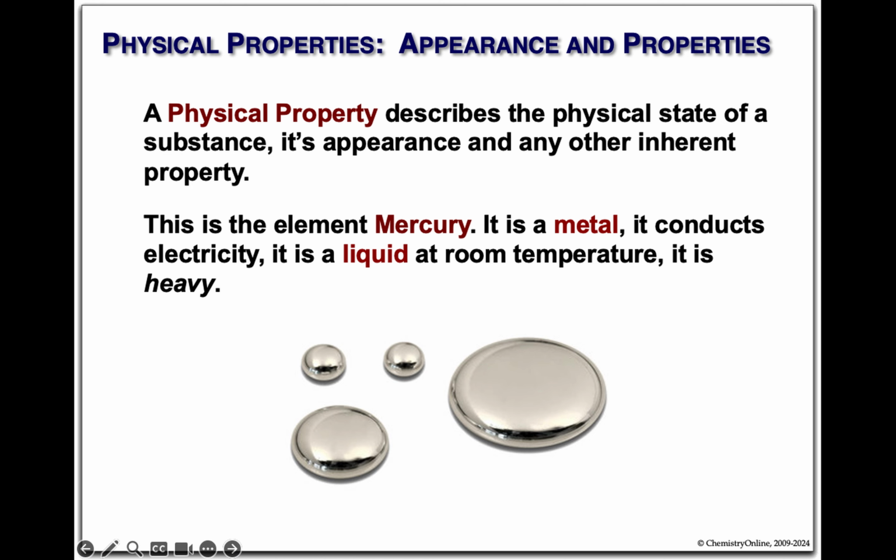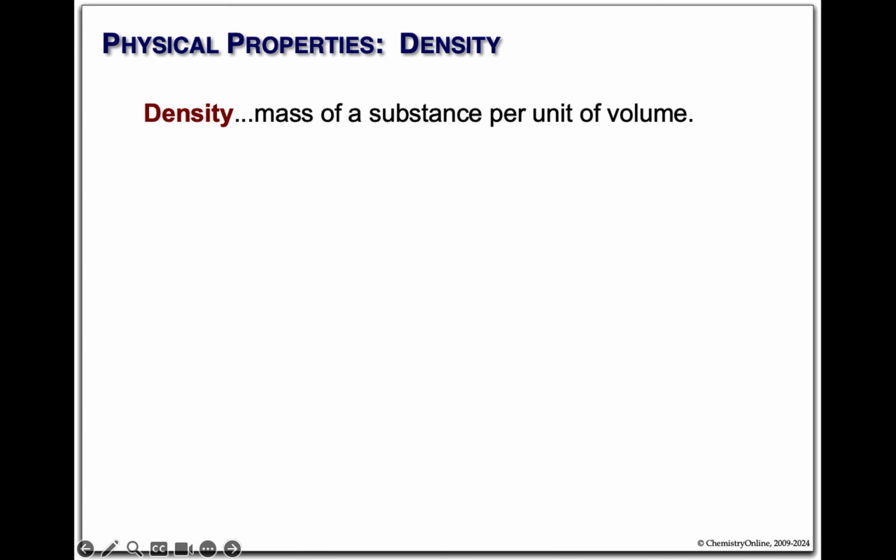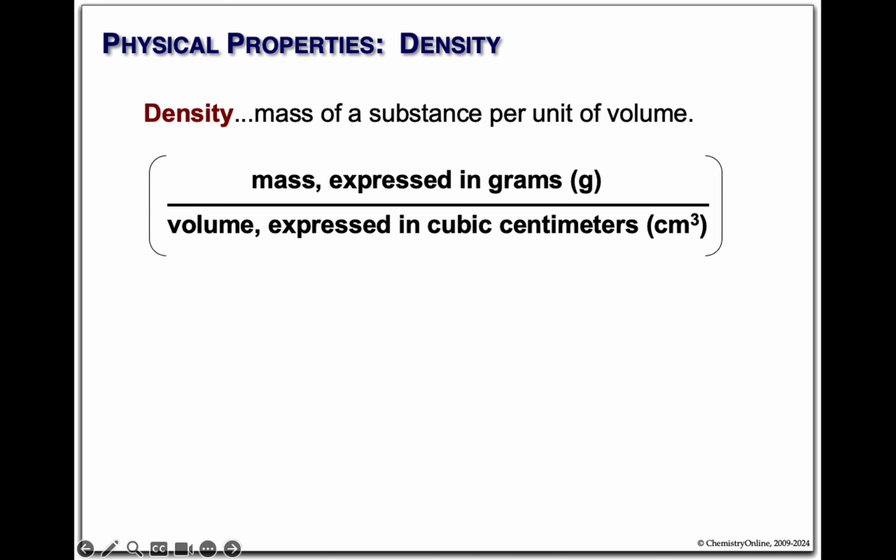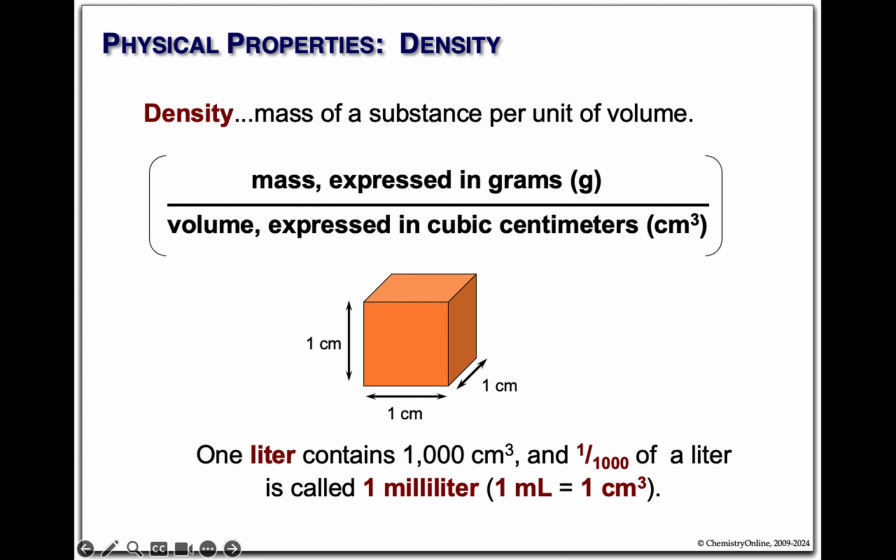And if we put some of this in our hand, we would say, my goodness, that's heavy. Well, in science, the word heavy refers to the concept of density. That is mass per unit volume. If we express our mass in something like grams, which is typical, and we divide that by our volumes, typically cubic centimeters, again 1 centimeter on a side, this gives density, mass divided by volume.